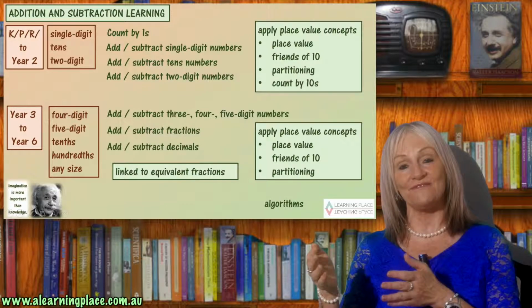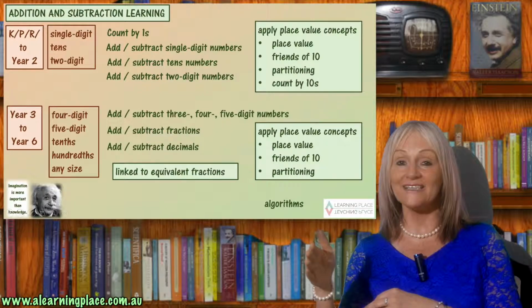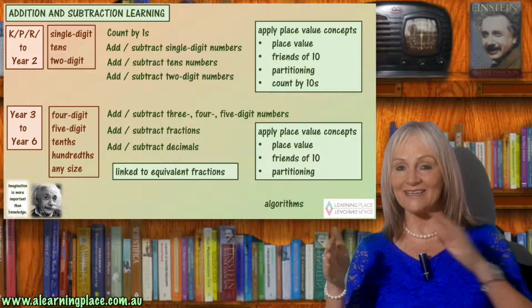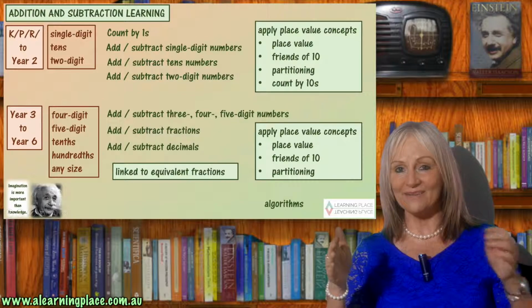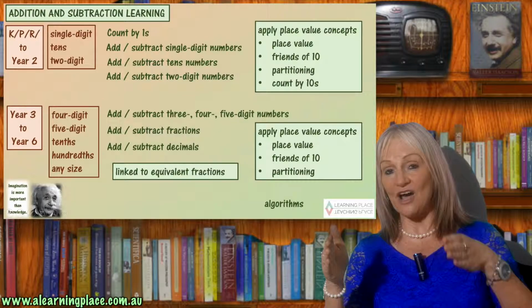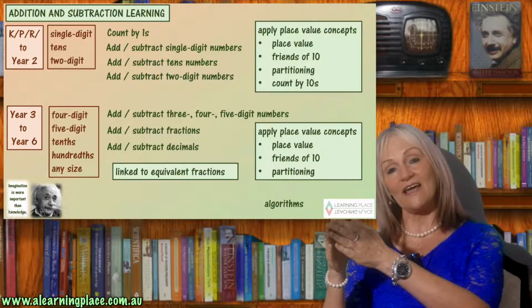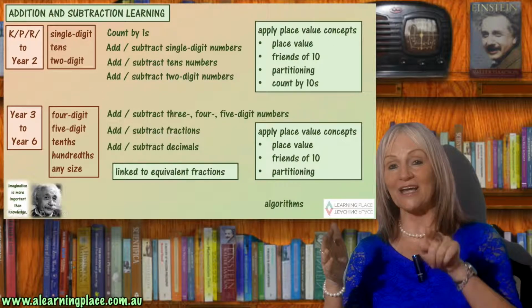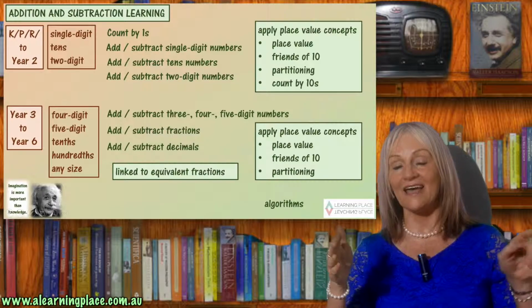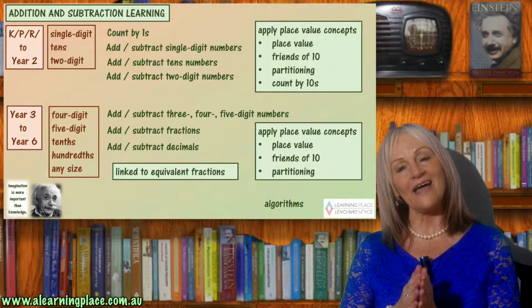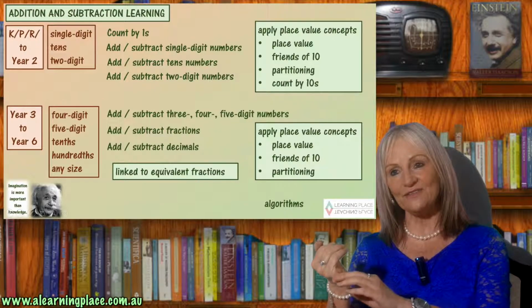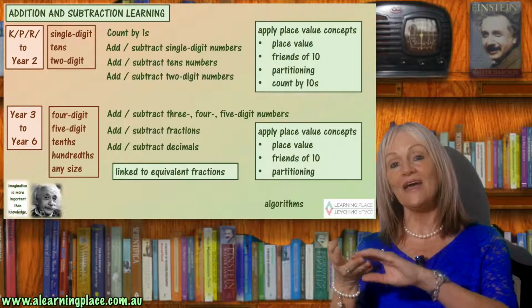If it's 12 take away 5, they'll put 12 on the right end of their number line so that they have room to get smaller as they go down the number line, and they'll record their 5 jumps backwards, and then they'll say they had 12, they subtracted 1, now they have 11, subtracted 1, now they have 10, and so on.